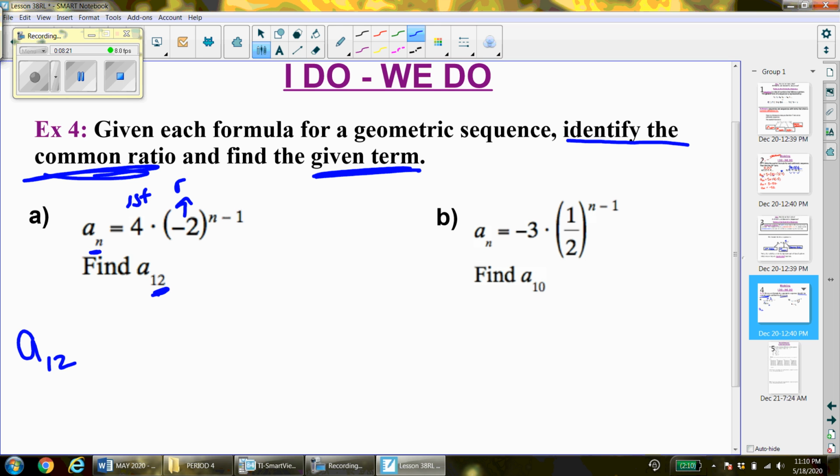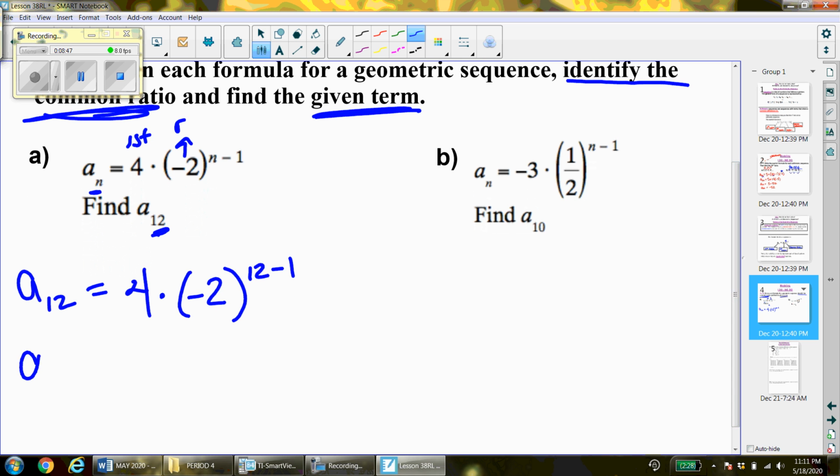Now we're going to find the given term. 4 times -2, and then 12 minus 1 as the exponent. So now let's continue.